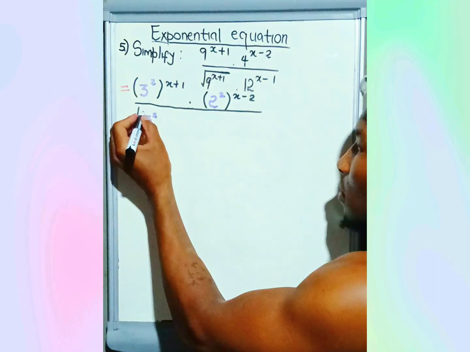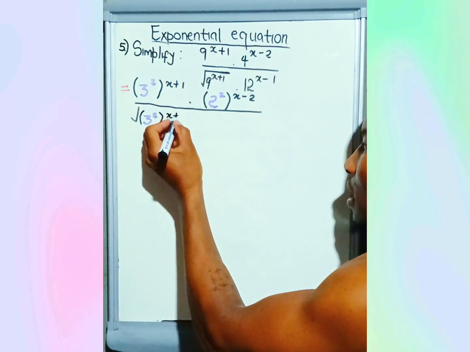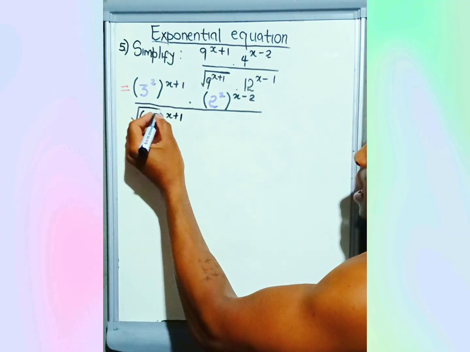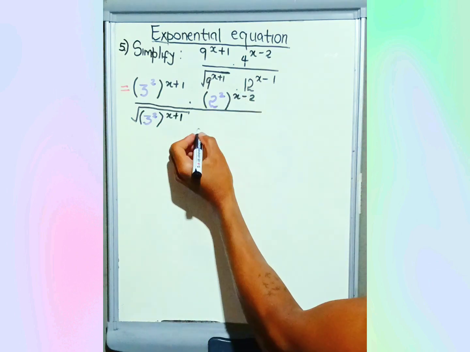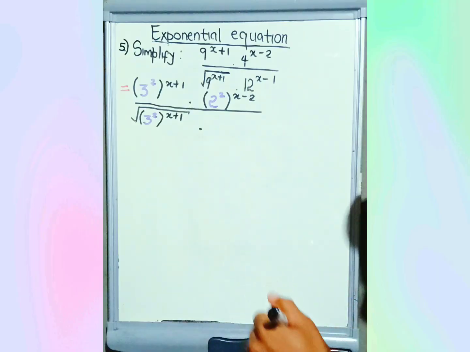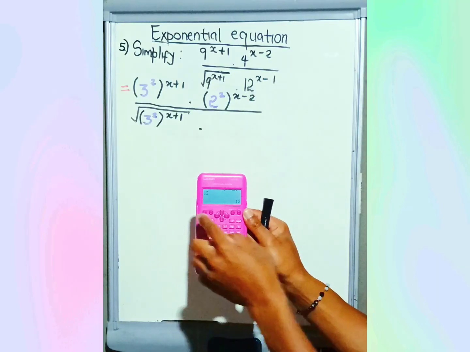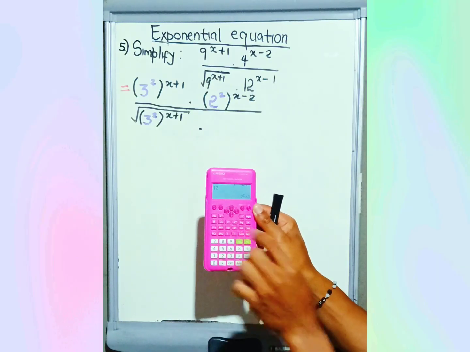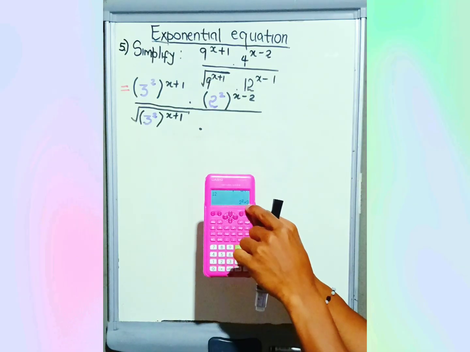Grade 11, please pay more attention. Then you put the exponent as it is, plus 1, and make sure that the square root sign is full. Then times. We are changing only the base. Remember, if we have 12, how do we change 12? 12 equals, then shift factor, and it equals 2 raised to 2 times 3.